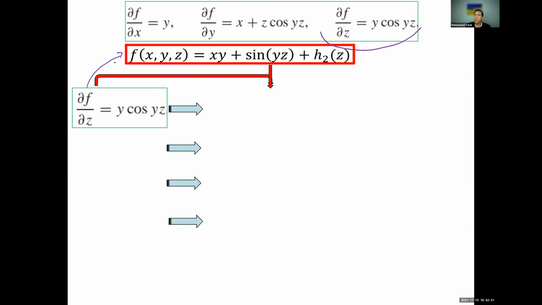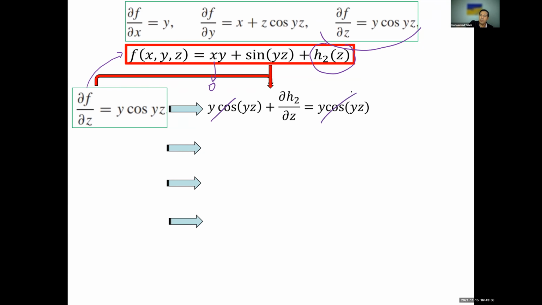The partial derivative of xy with respect to z is going to be 0. Partial derivative with respect to z of sine yz gives us y cosine yz, plus the partial derivative of h2 with respect to z. We don't know what that function is. And we solve the equation. The right side remains the same.